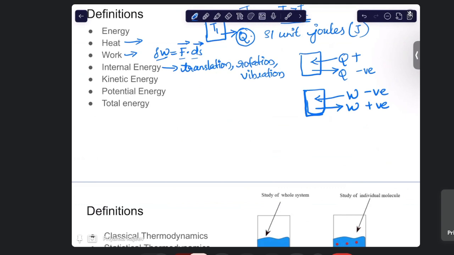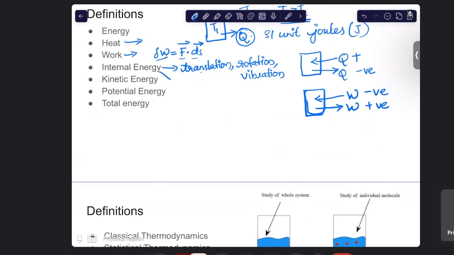Translation, rotation, and vibration are all motions possessed by the molecule, and that motion is what is being scaled as internal energy.